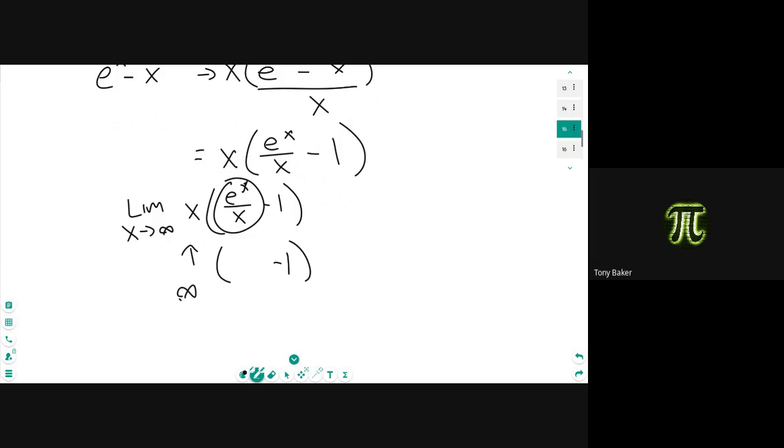We did e to the x over x squared was the original problem. But then when I broke that down, I ended up doing e to the x over x in the middle of it, right? Which ended up going to what? It went to infinity. So in essence, this is infinity times infinity, which is infinity.